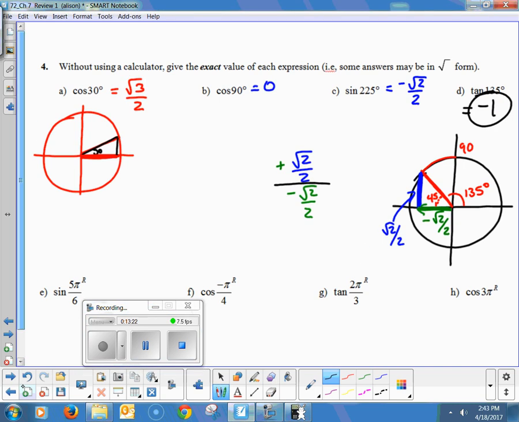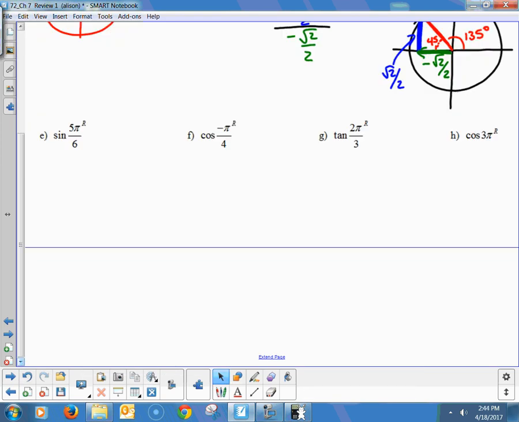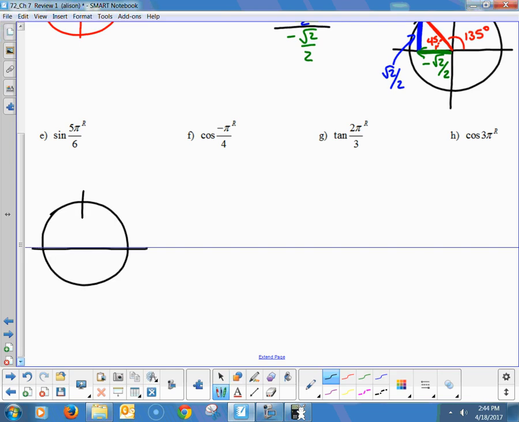Moving on to part E. Okay, now we're in radians. Again, I'm going to draw the circle for these things. That was a really good circle, I gotta say. 5 pi over 6 radians. Well, pi radians is 180 degrees. That's all the way over there.